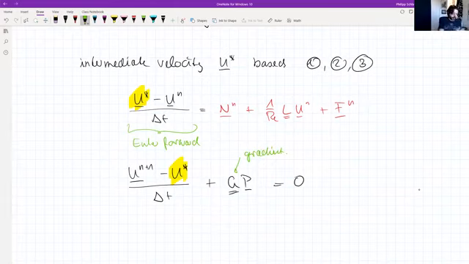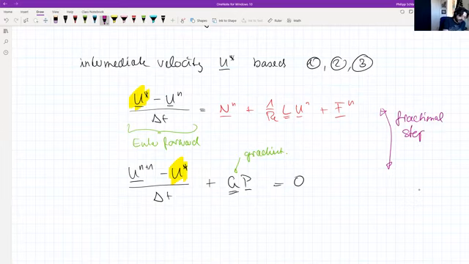So what I have done by writing it in this way, I have just split my time integration into two parts. One part when I have the right-hand side, and the other part when I have the pressure gradient. And this step here, as Ardeshir was also discussing with you, this is what is called a fractional step. Fractional step is because I break up the whole step into two parts.